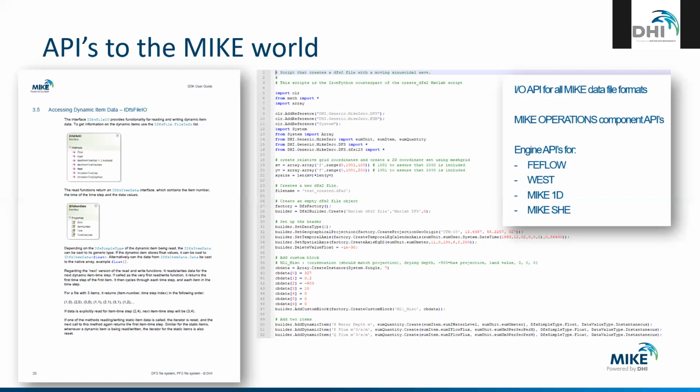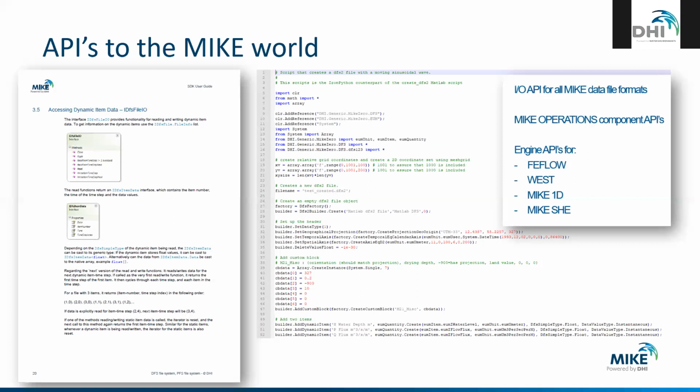So for example, if you have a river channel with a stop bank level and you want to stochastically fail a particular stop bank length with a failure profile at some time during a long-term simulation, then you could write some Python script that would carry out or describe that failure process, and actually at runtime update the parameters in the Mike 1D simulation to reflect a change in stop bank. That's just an example.